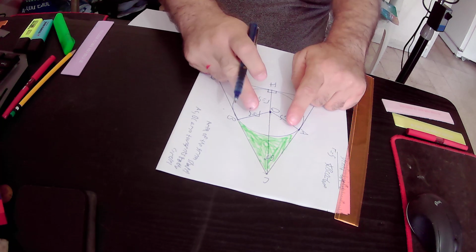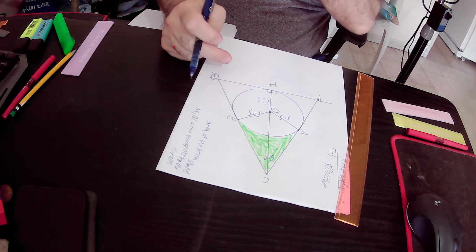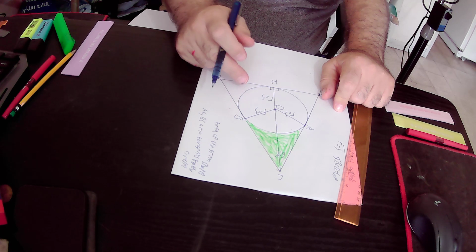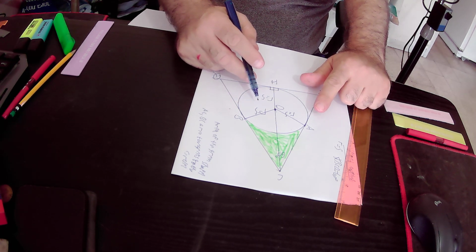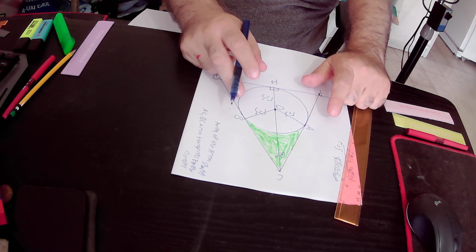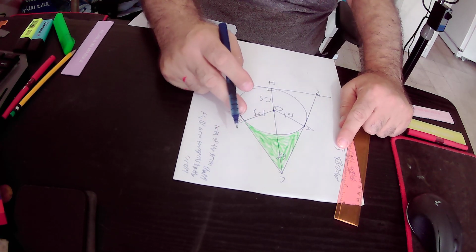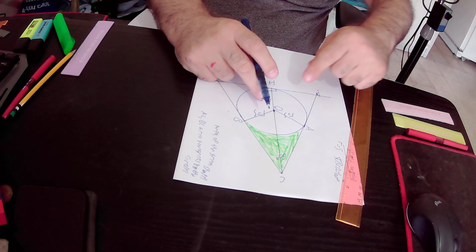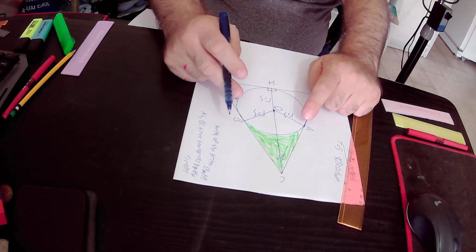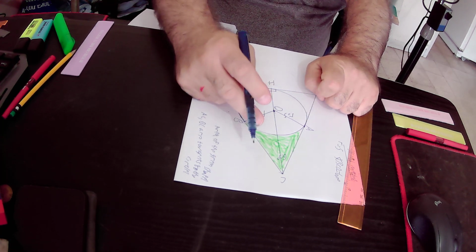If we focus on those two triangles, triangle AOC and triangle BOC, we know that AO equals BO because both of these line segments are radii of this circle. So AO equals BO, AC equals BC according to the two tangents theorem, and CO equals CO as a common side, therefore triangle ACO is congruent to triangle BCO.